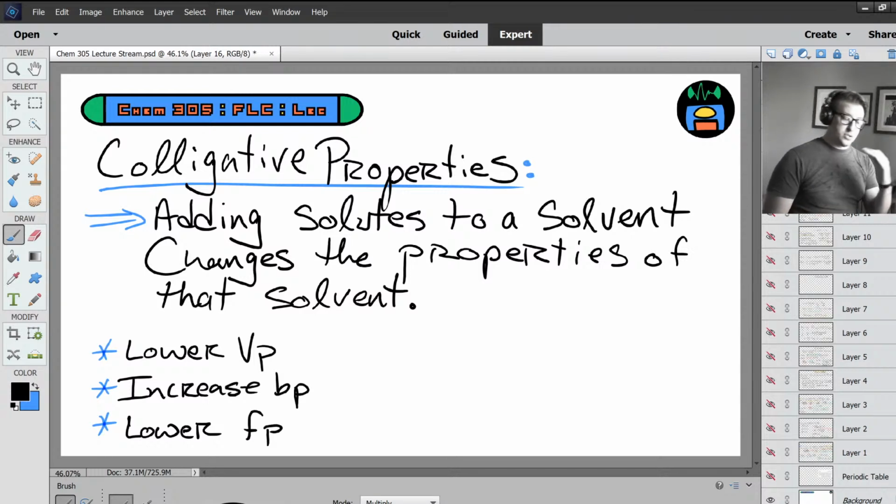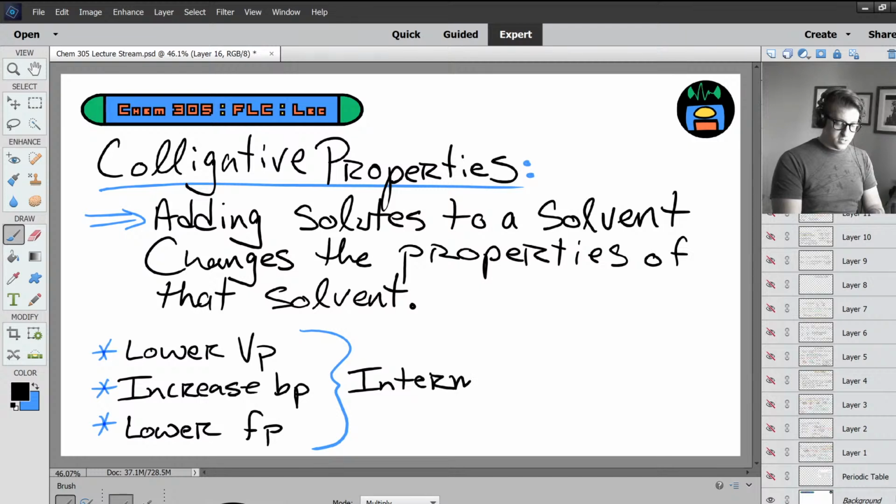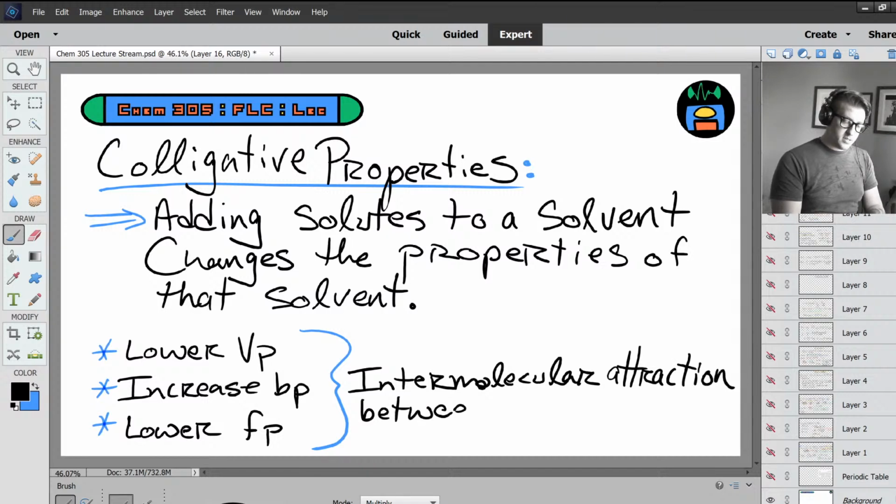All right, so the solution will have a lower vapor pressure, higher boiling point, and lower freezing point than that of the pure solvent. And the reason for this, what causes it, are the intermolecular attractions between solute and solvent.